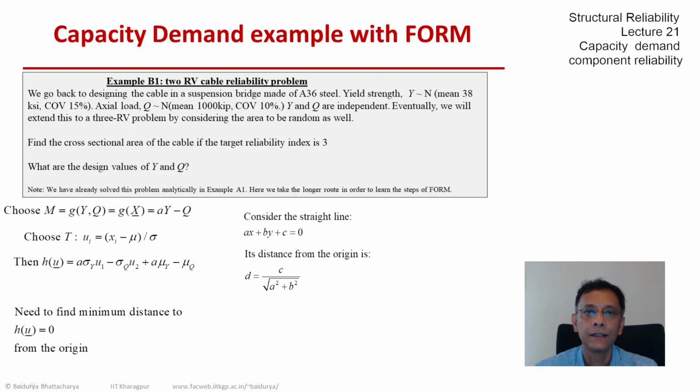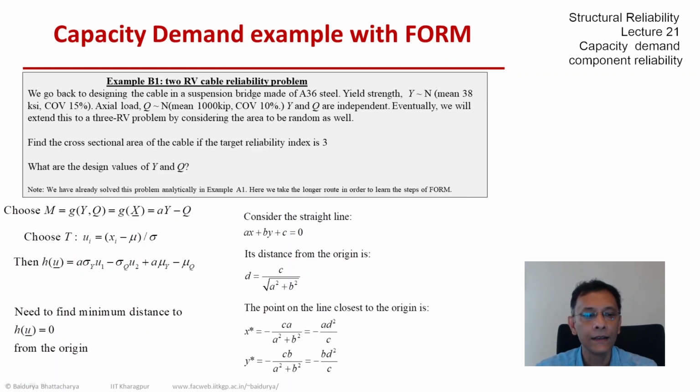That is something I'm sure all of us did a long time back. And then the point on this line closest to the origin is x star and y star, and you can give them in terms of a, b, and c.